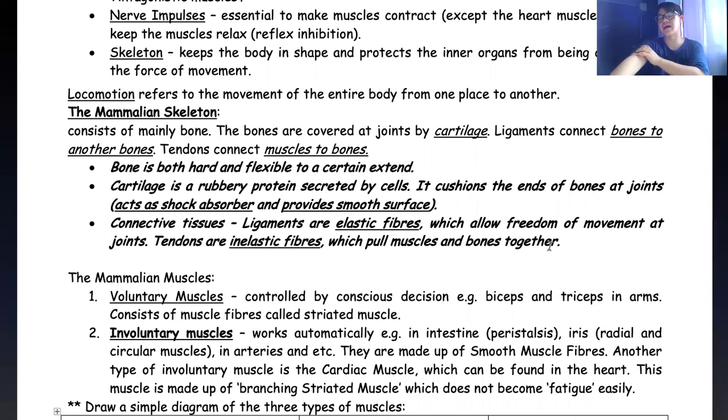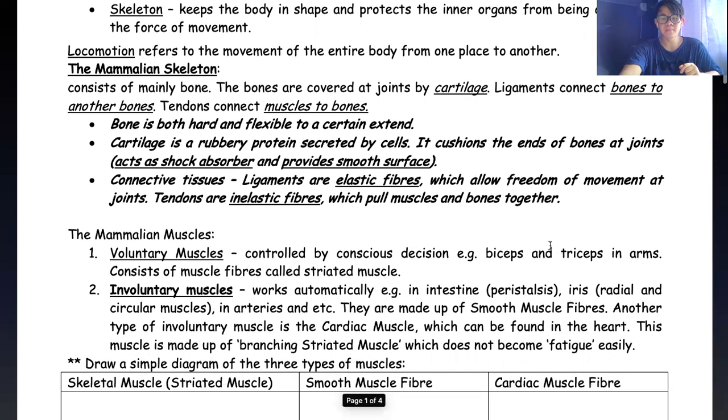It's not like rubber. It sticks on like gum, so it's very strong. So they are inelastic.